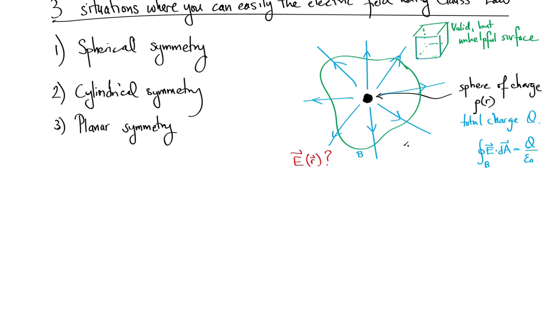But if I look at the surface, the normal vector is going to be pointing in all sorts of funny directions because it's got this funny shape. Over here, the normal vector will be pointing over this way, so it's not quite parallel to this part of the electric field.